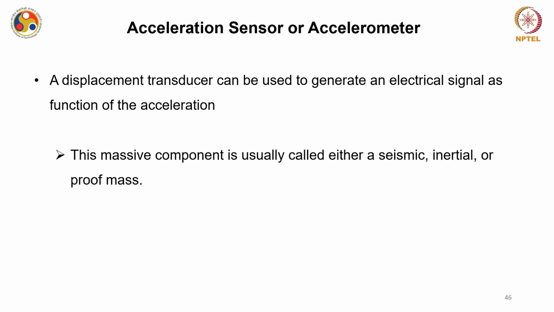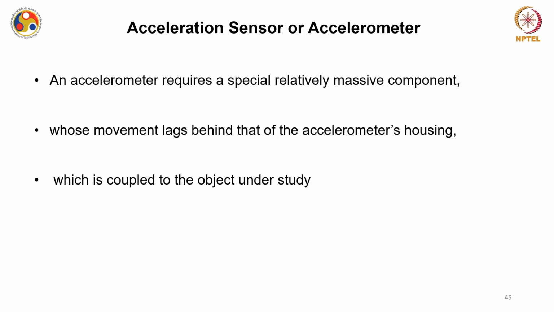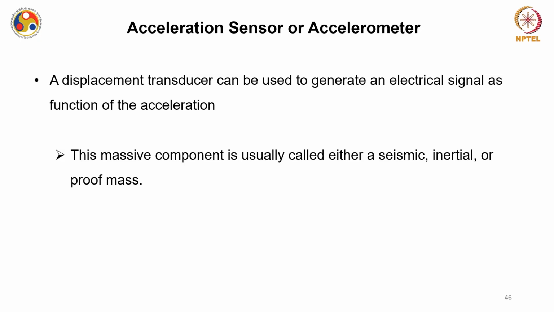Irrespective of what kind of device it is, any accelerometer we are going to see has this. A displacement transducer can then be used to generate an electrical signal as a function of the acceleration. This massive component is usually called a seismic mass, inertial mass, or proof mass. In the next two lectures we will mostly be talking about this proof mass and how it accelerates with respect to the housing or enclosure of these accelerometers. We will use this word regularly. Seismic mass, inertial mass, and proof mass are all the same.